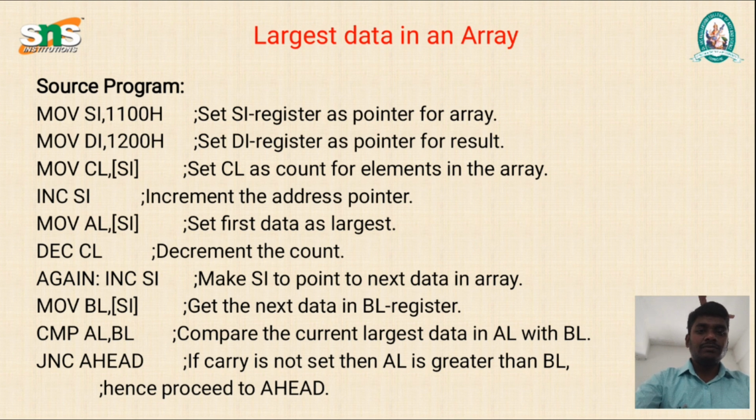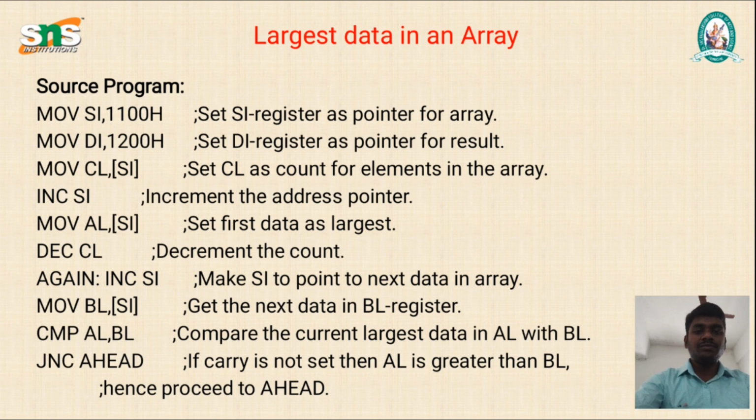Next step, MOV DI, 1200. This means set the DI register as the pointer for results. To store the results, we are using the address 1200. The pointer register, that is the DI register, is pointing towards the 1200 address.